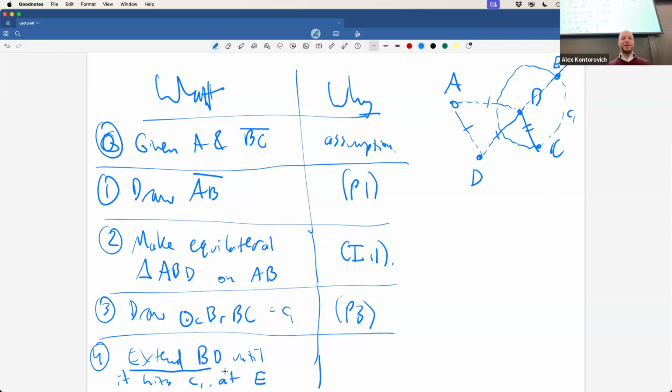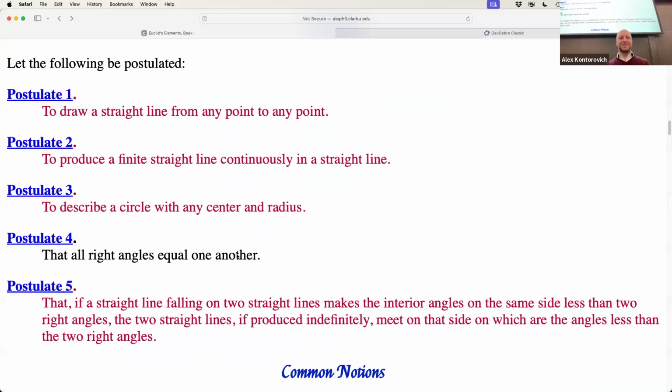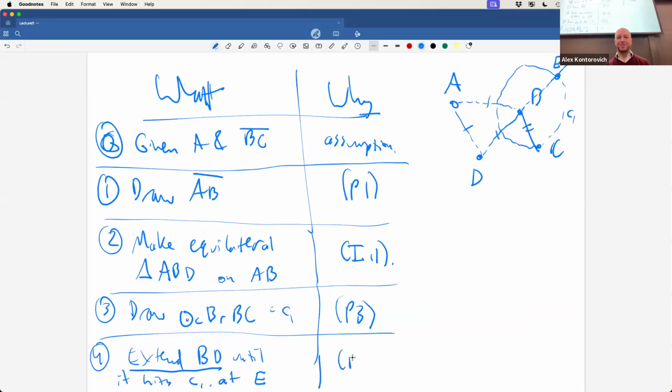Why are we allowed to extend a length that we already have? Because you can produce a finite straight line continuously in a straight line. You can extend a length that you already have. Okay, that's P2. Now what?